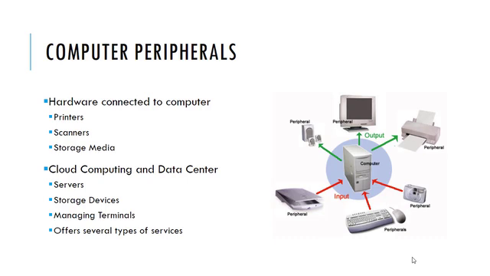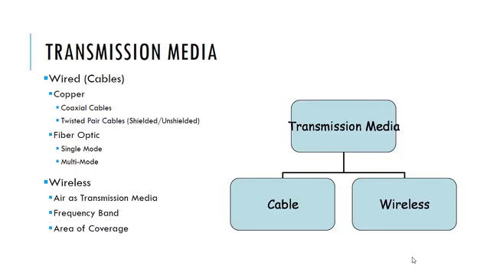All of these are connected through transmission media in a local network inside the center to offer a certain type of service required by the computer user, either infrastructure as a service, platform as a service, or software as a service. This newly introduced concept is known as cloud computing, and it mainly depends on computer networks.